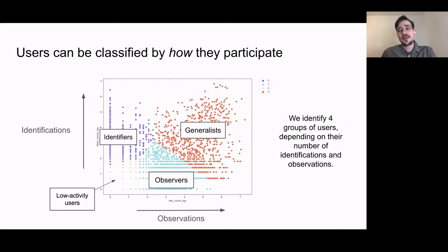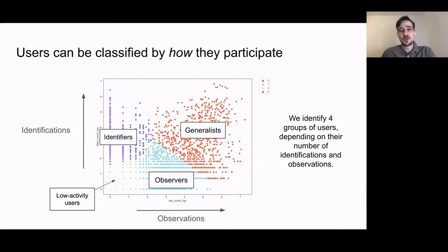One thing that we're exploring is whether we can classify the users by how they participate, depending on how many observations or identifications they do. Users can submit observations and then other users can identify these observations. Users differ in how many observations they contribute versus how many identifications they contribute. So we've come up with this broad clustering where users that contribute few observations and few identifications are low activity users.